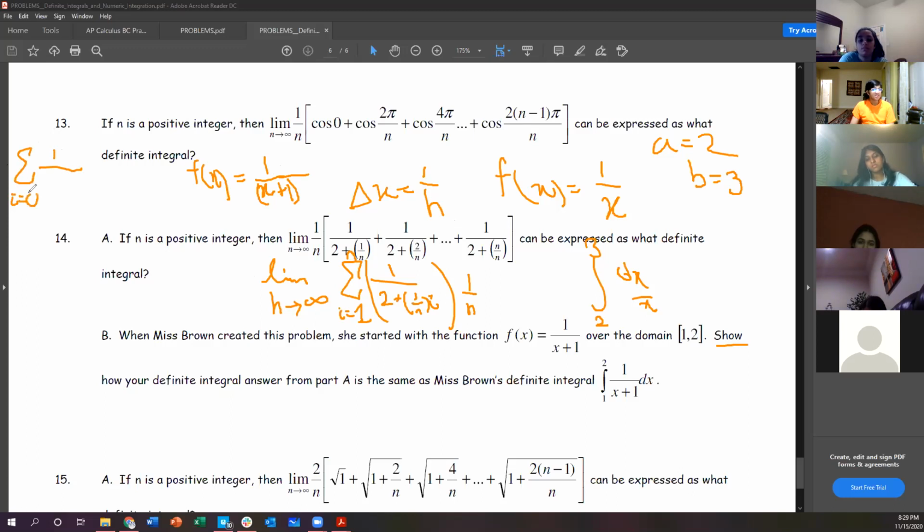If i starts at 0 and we're going to n, that means whatever we have in the bottom, instead of 2 plus, now we're starting with, actually, what would this be? Plus 1?